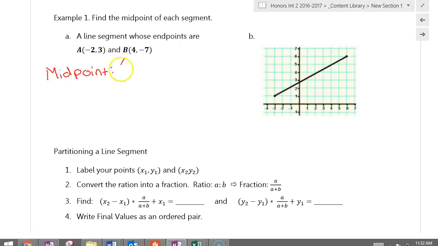So that's where our formula comes from. x2 just means your second x, plus x1, your first x, divided by 2. Okay. We do this because, right, it's just like averaging. I'm adding two things together and then dividing by that number. Same thing with my y: y2 plus y1 divided by 2.